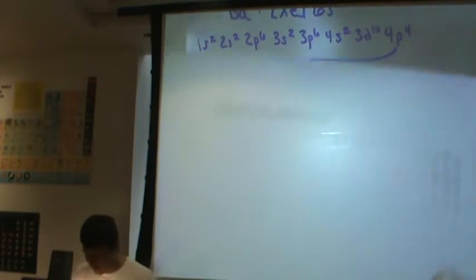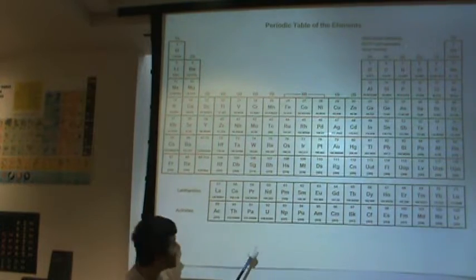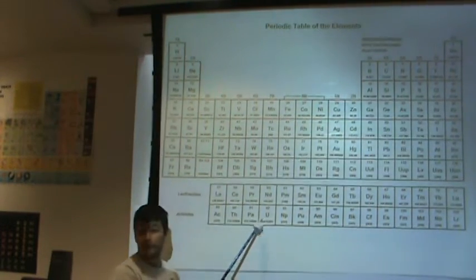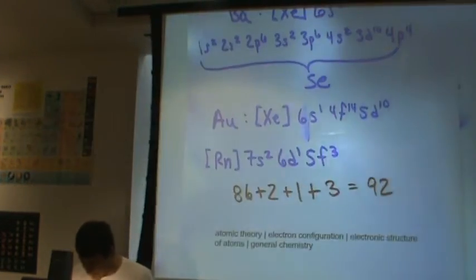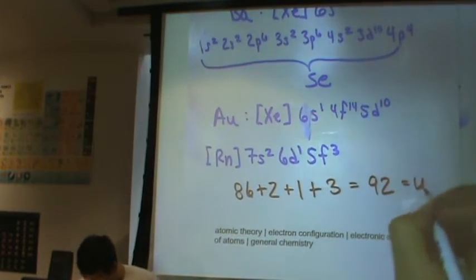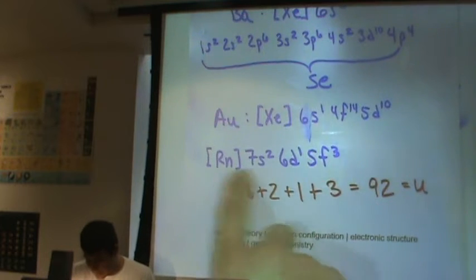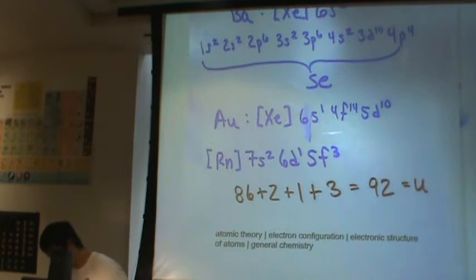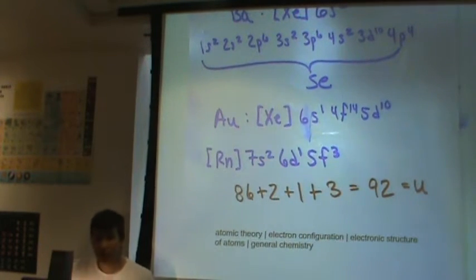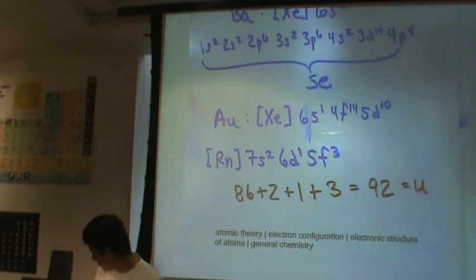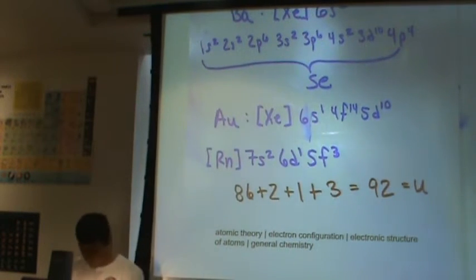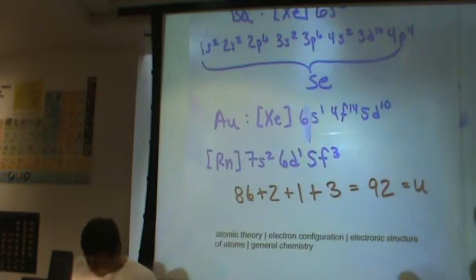So if we go back to our periodic table and find the element that has the atomic number of 92, we get uranium. That's the element we're looking at right now. So you don't have to know all these exceptions for the lanthanides and actinides. When you're given an electron configuration like that, you simply just count. All you do is add it up, arithmetic, move on.